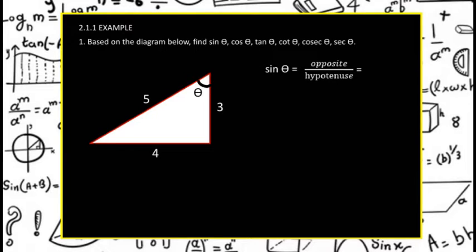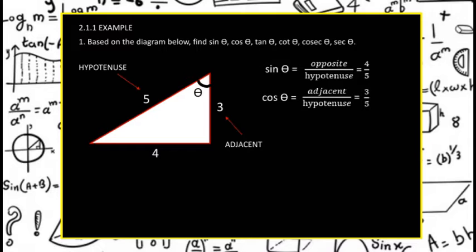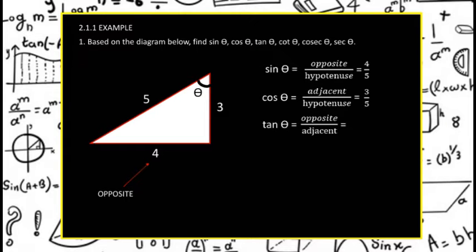Here the hypotenuse is 5 and the opposite is 4, so 4 over 5. Cosine theta equals adjacent over hypotenuse. Here adjacent is 3 and hypotenuse is 5, so 3 over 5. Tangent theta equals opposite over adjacent, so opposite is 4, adjacent is 3, so 4 over 3.